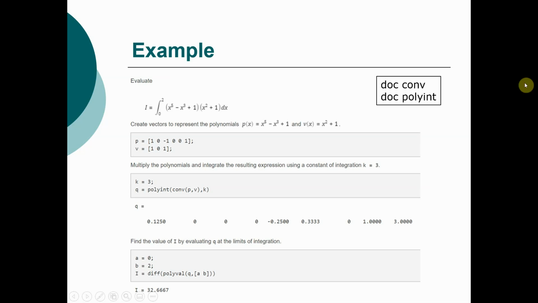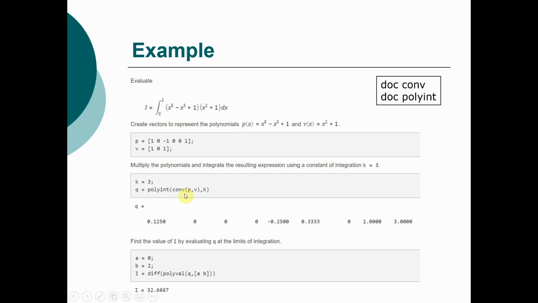Another function that actually has multiple applications, but its application for polynomials would be just basically if we have these two polynomials and we want to find p times v, right? What is the vector of coefficients for the polynomial that is p times v?